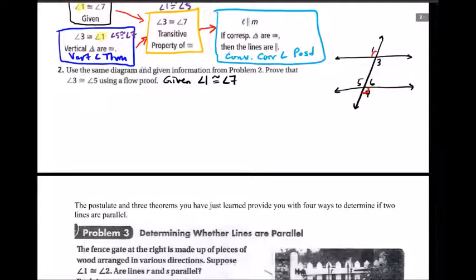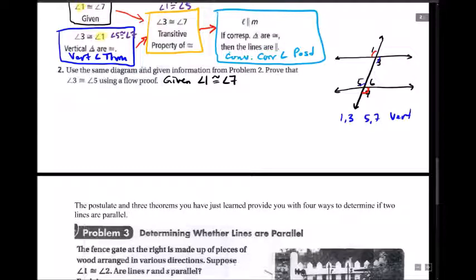How are we going to prove that angle 3 is congruent to angle 5? Well, let's look at what we have. I'm not going to make you do this one all by yourself. Proofs are a little bit of a challenge, so we'll work through these together. Well, what do we see? Do you see 1 and 3 and 5 and 7 are vertical angles?